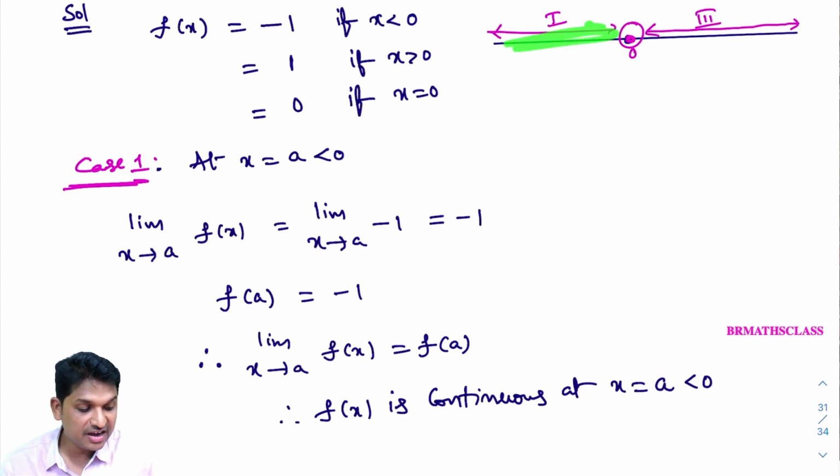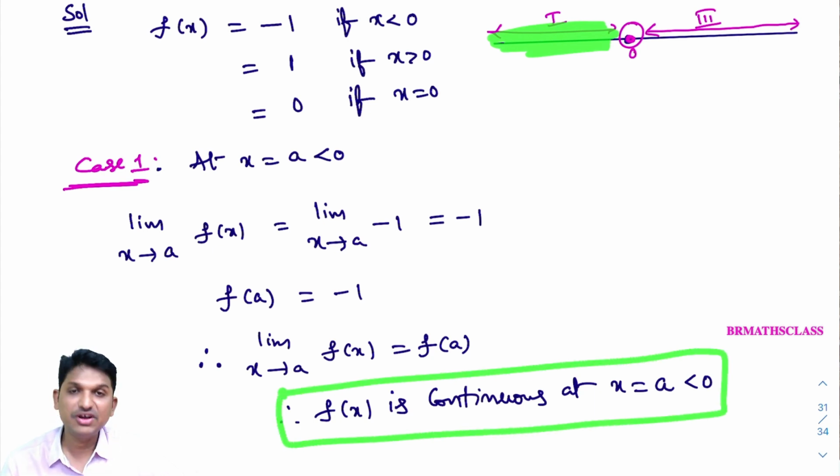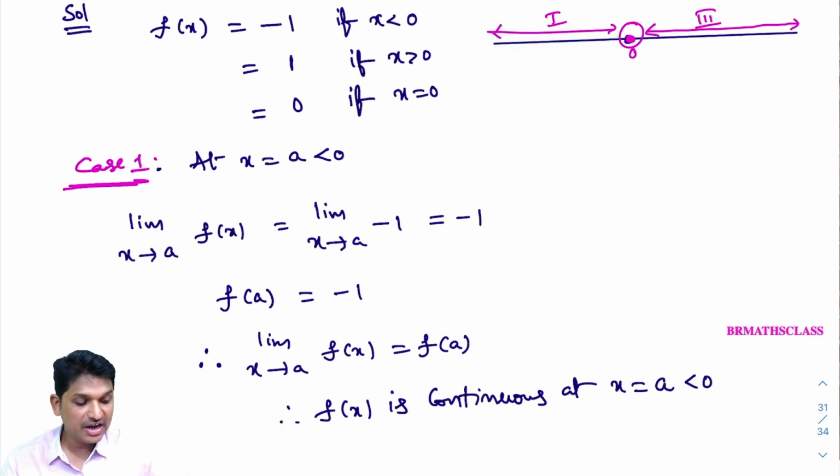So I checked whether any point of discontinuity is there in this zone, and I got that it is continuous. Whenever a is less than 0, it is continuous. Case 1 is checked. There is no point of discontinuity.